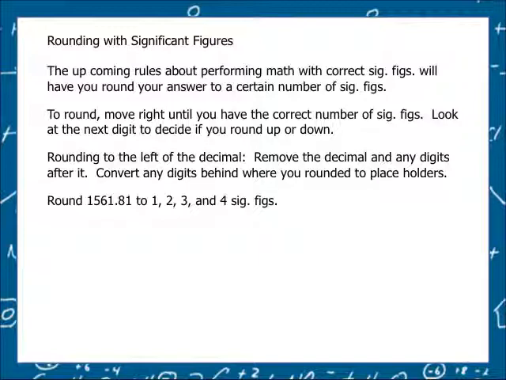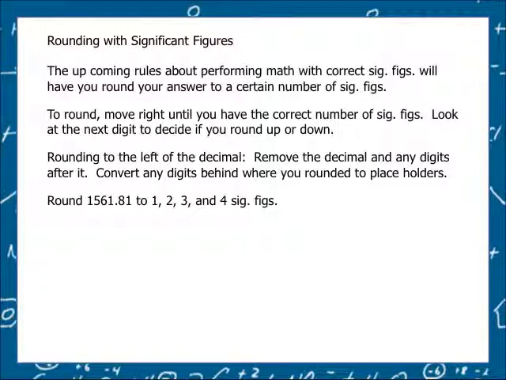So we're going to look at first rounding to the left of the decimal. And when you round to the left of the decimal, we're going to be dropping off the extra digits that we don't want to be significant, but the key thing is we're going to round those things that we dropped to placeholder zeros because we still need to keep our value the same size.